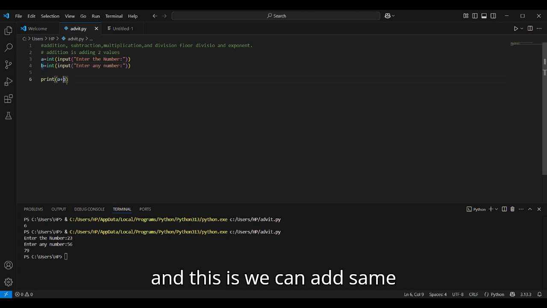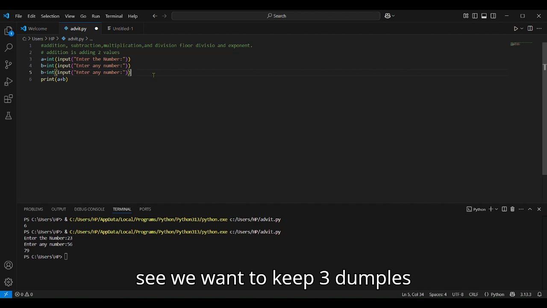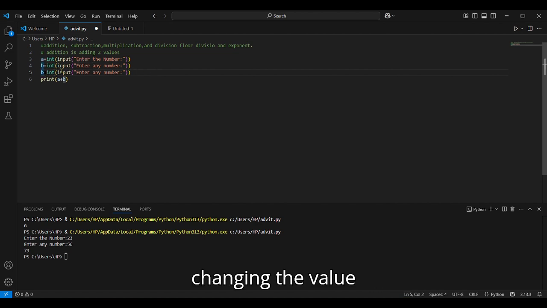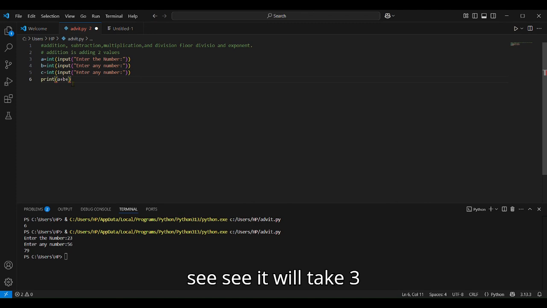We can do the same thing with more numbers. See, if we want to take three numbers, we change the variables.